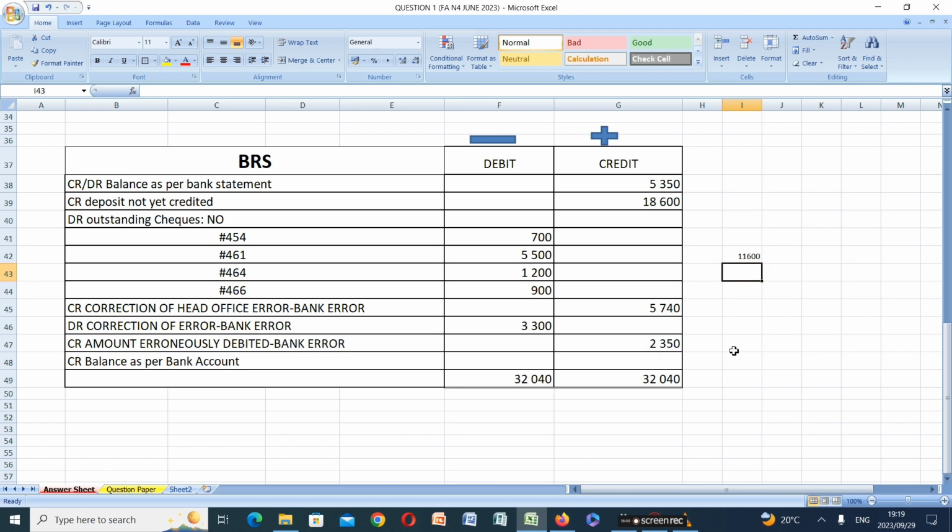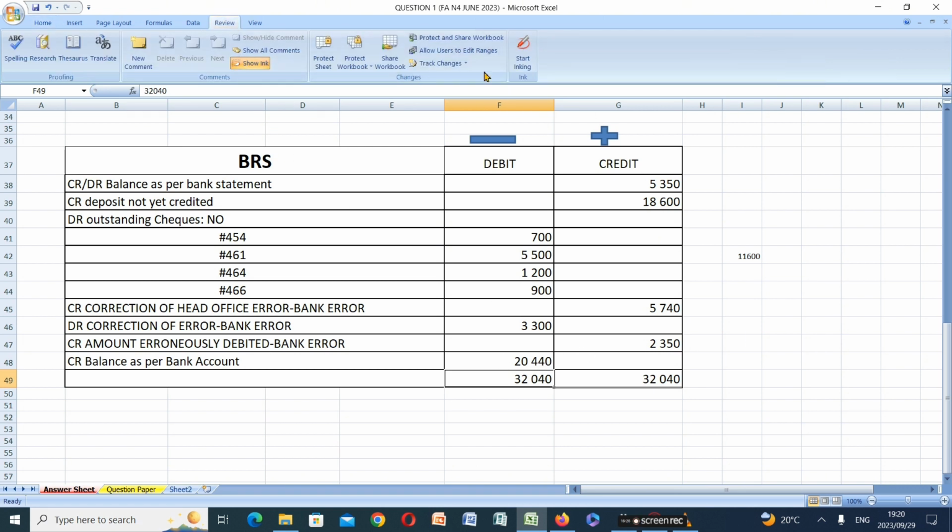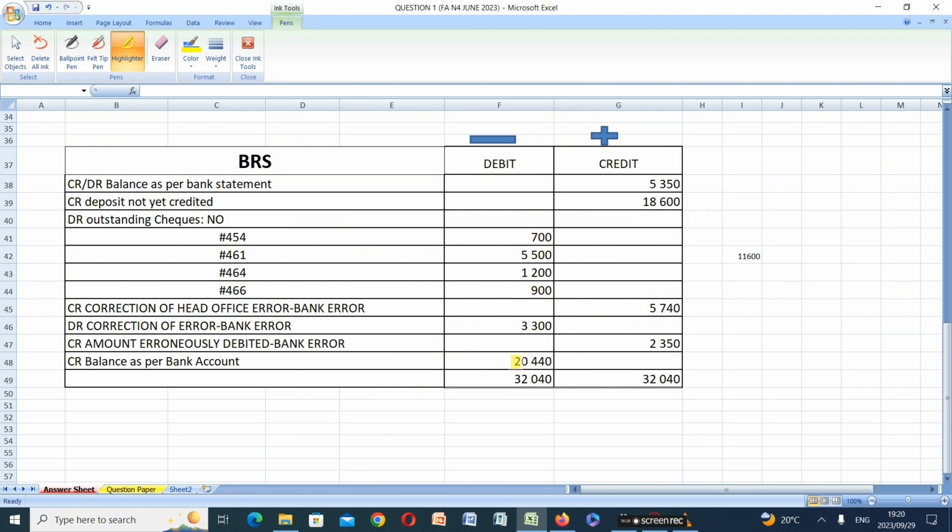So to get the balance as per bank account, we're going to say it is equal to this amount minus everything here, so minus this amount, to get the 2440. So we got this amount again.